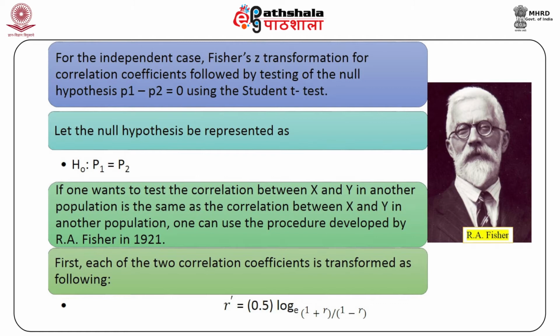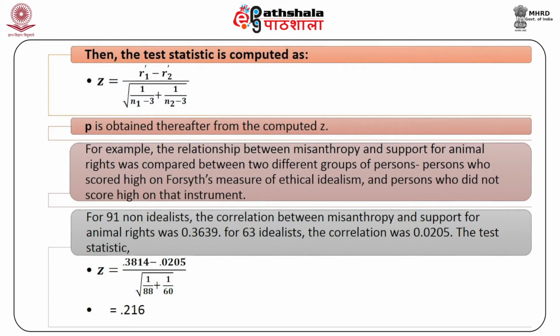If one wants to test whether the correlation between X and Y in another population is the same as the correlation between X and Y in this population, one can use the procedure developed by R. A. Fisher in 1921. For each of the two correlation coefficients, transformation is done as r dash is equal to 0.5 log of 1 plus r upon 1 minus r. Then the test statistic is computed using the Z equation given here and the probabilities obtained thereafter from the computed Z.